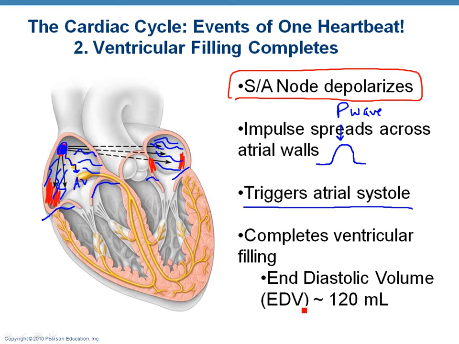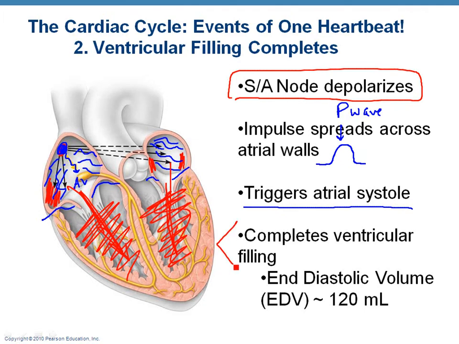All right, we'll go back to red for blood. So as the right and the left atrium squeeze, they're squeezing out that remaining blood down here into your right and your left ventricle. This completes ventricular filling.